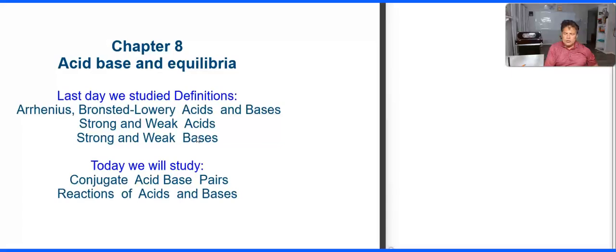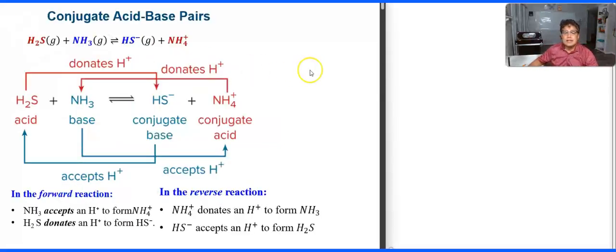We discussed what a strong acid and a strong base are, though only to a small extent. Today we will again study conjugate acid-base pairs and reactions of acids and bases. Okay, let's go. Last time we also discussed conjugate acid and base pairs.